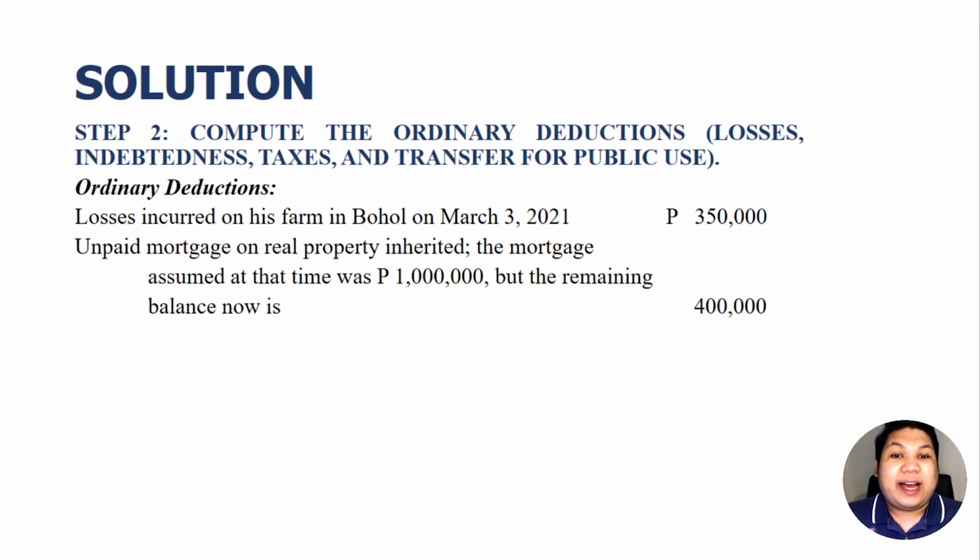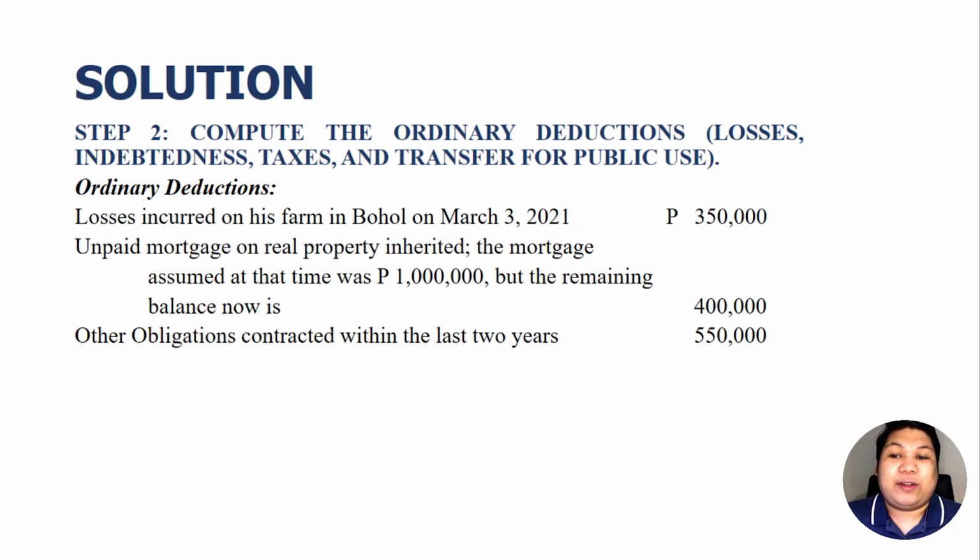But today, at the time of his death, the remaining balance is only 400,000 pesos. So therefore, in our LIT, the ordinary deductions, we can only claim 400,000 as a deduction from the gross estate because that is the outstanding balance of the mortgage.